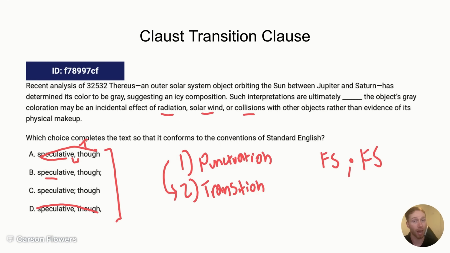Then the clause that comes after says it could be because of radiation, solar wind, or collisions, a whole bunch of reasons. So they expand upon the same idea and emphasize the same ideas. Since they agree with each other, I know that the answer cannot be C and it must be B. B is the correct answer for this question.